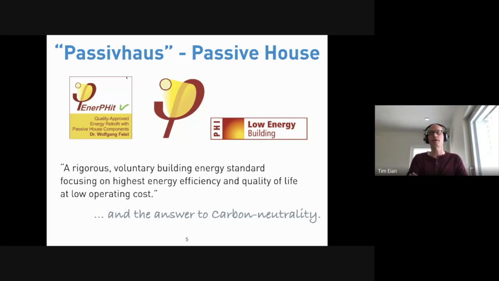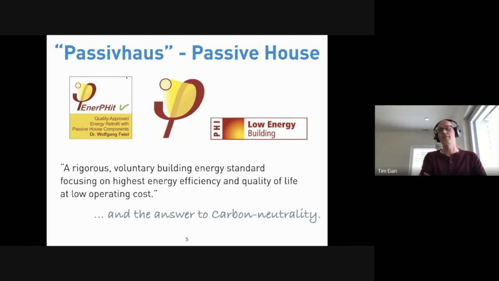And I think that's sometimes a little bit overlooked in the conversation, where people look at it just for energy efficiency and kind of put it up on a pedestal and maybe forgo the fact that it was really meant to be a quality of life standard as well, really hinging on indoor environmental conditions and comfort. Actually, the core components of Passive House in the ISO norm are referenced as comfort criteria. And then low operating cost, and that is super important as well, because these are buildings that over their life cycle are generally cheaper than the accepted status quo.